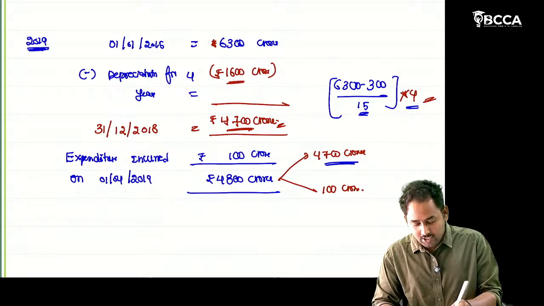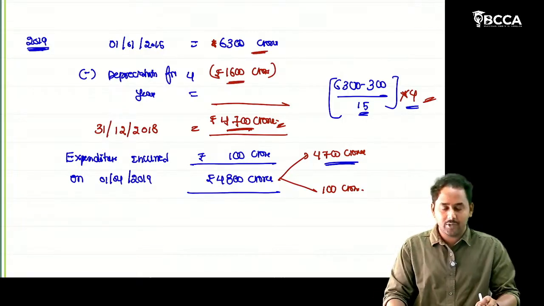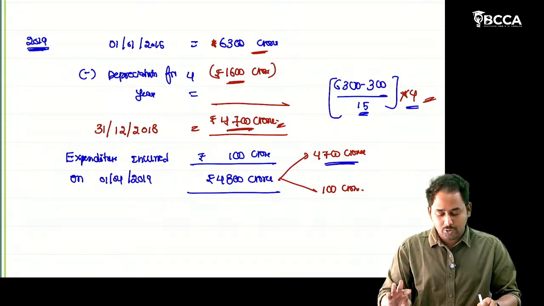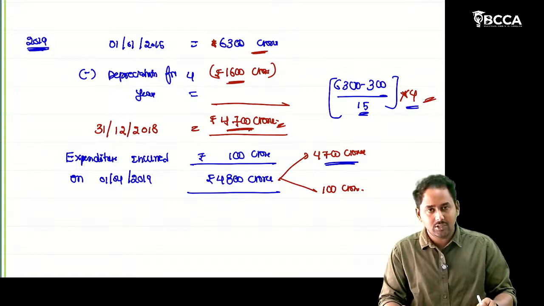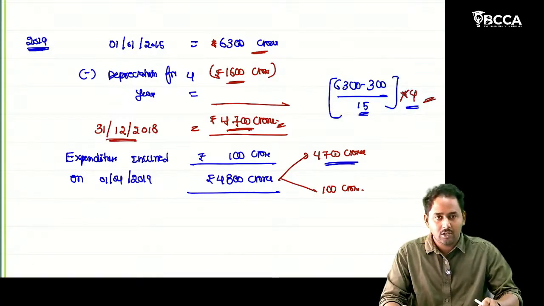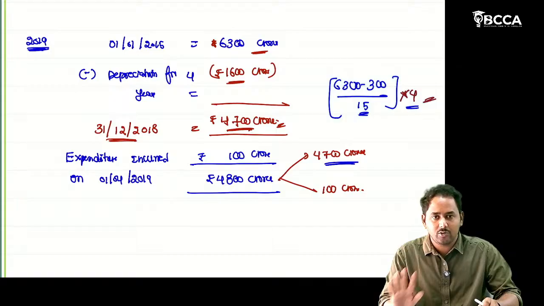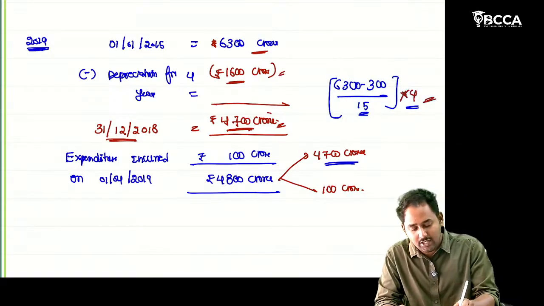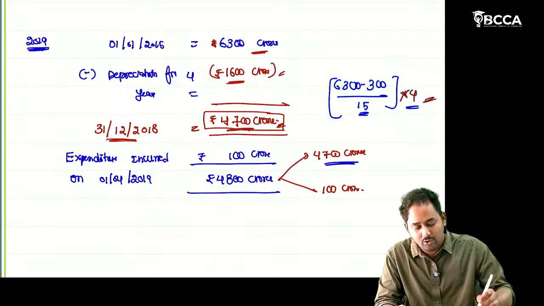So initially on 1/1/2015, the opening carrying amount is 6,300 crores. I should provide the depreciation for 4 years because I need the value of the PPE on 31/12/2018, which is nothing but 1st January 2019. So after providing depreciation for 4 years, what is the closing carrying amount?